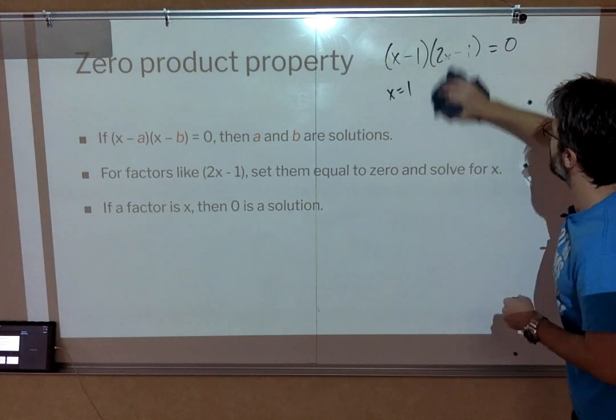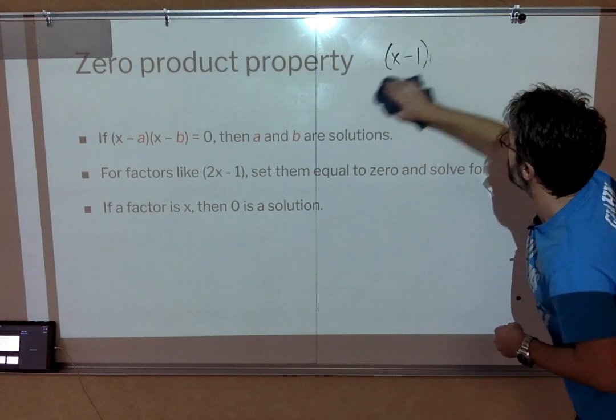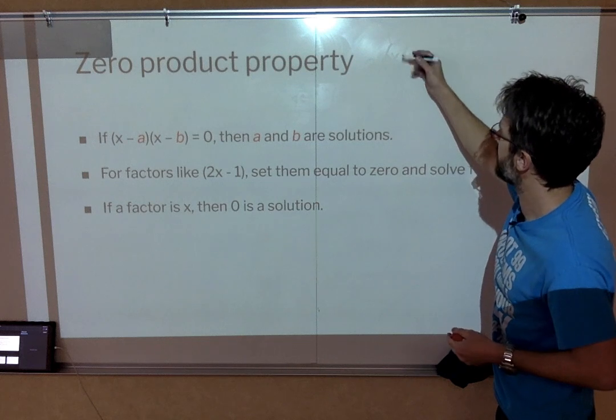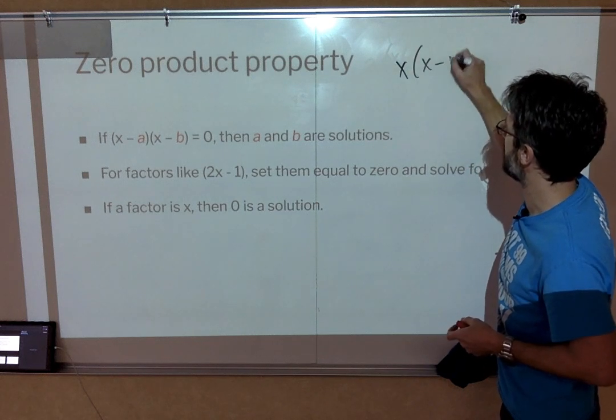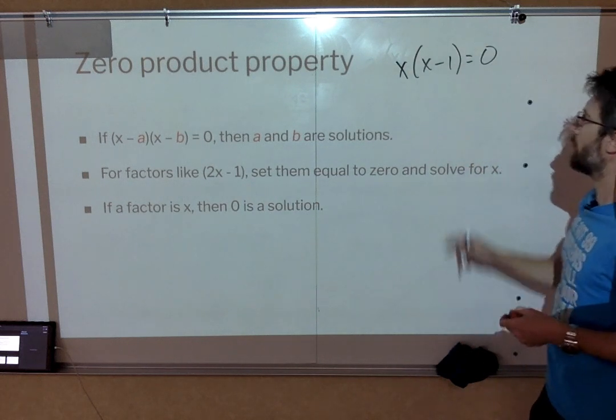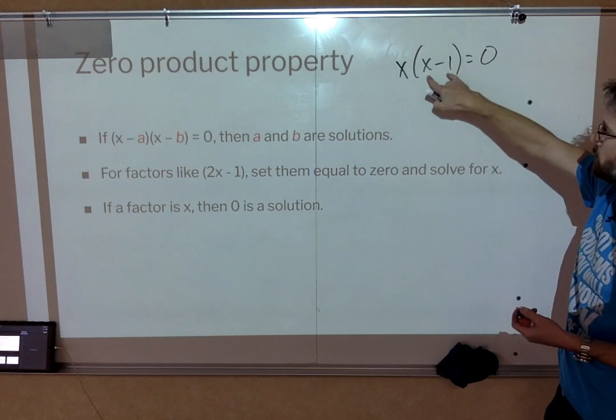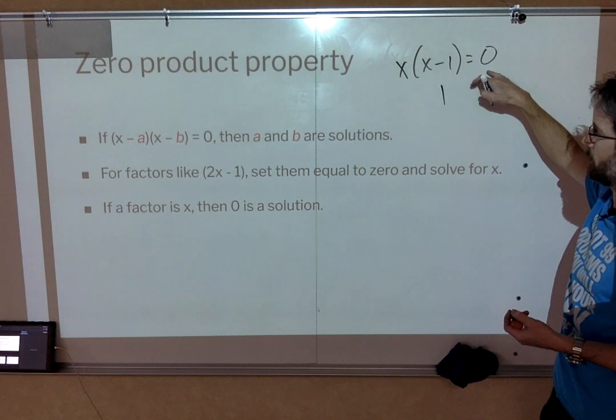Okay, if x is a factor, then 0 is automatically a solution. So let's say if instead of this, maybe we've got some GCF factoring, and we end up with x times x minus 1 equals 0. Well, I know that if x is 1, then it's going to be 1 times 1 minus 1, which is going to be 0.